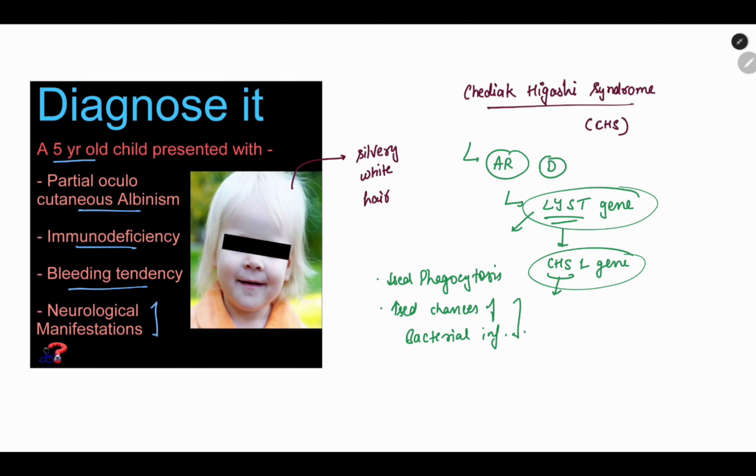The LYST gene is present on the long arm of chromosome 1, written as 1q42-43. The onset of this disease is typically after birth, up to the age of 5 years.